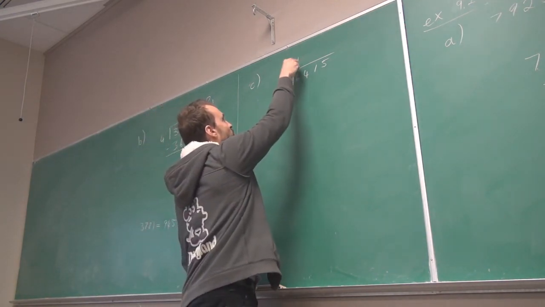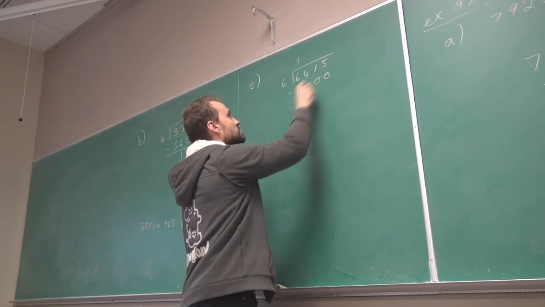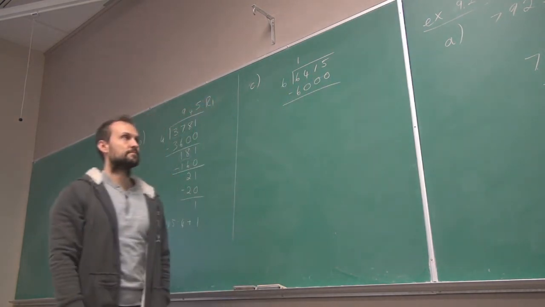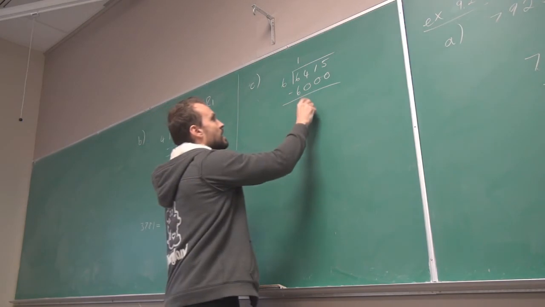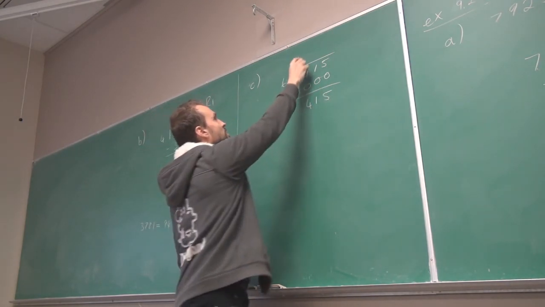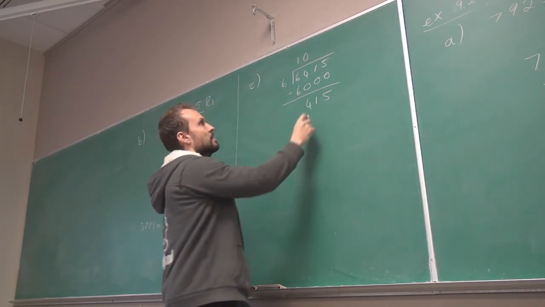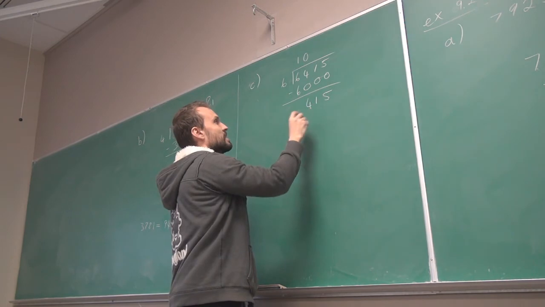6 goes into 6 once. 1 times 6 is 6, but it's really 6,000 because I'm working in the thousands. Then I have 415 left. 6 goes into 4 0 times, and I'm not doing anything. I can bring down the 0, but nothing happens.